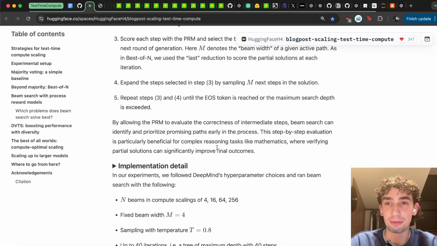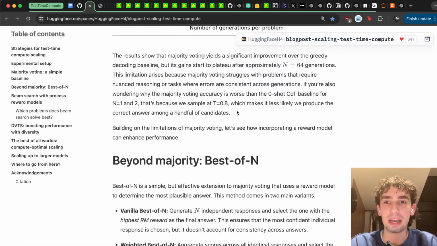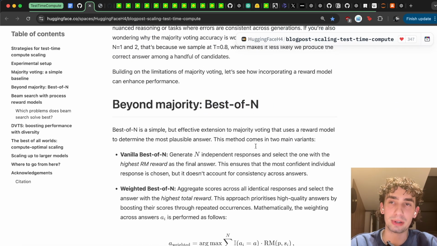So the step-by-step evaluation here is beneficial for more complex reasoning tasks where we might want to guide towards a more complex solution, rather than the best of n approach where we don't necessarily do the guiding and rely fully on the model to generate the full solution.